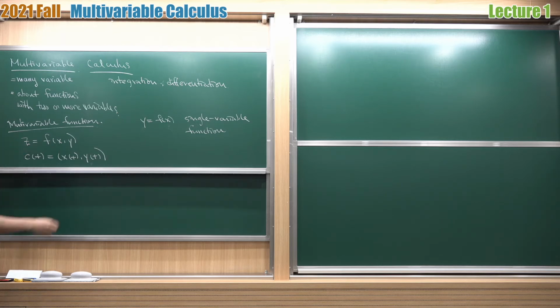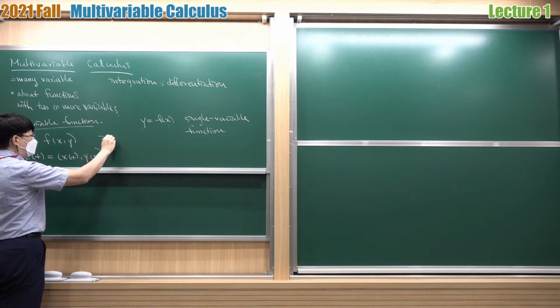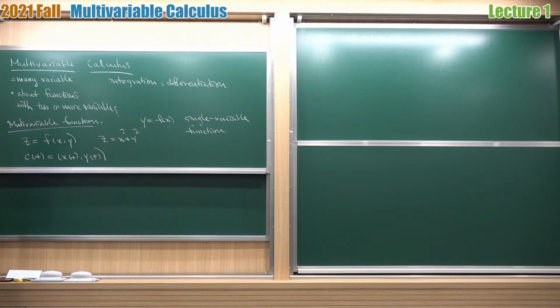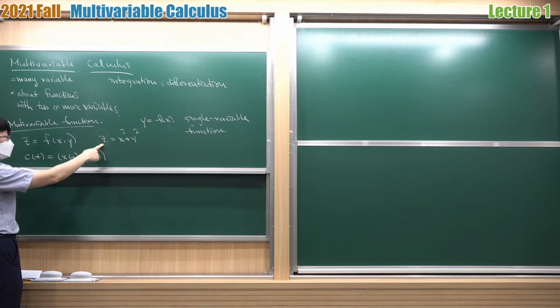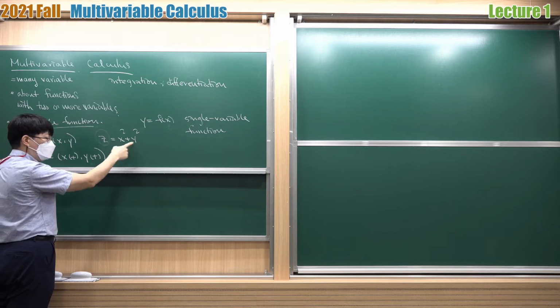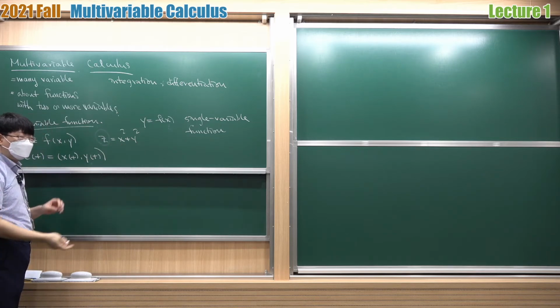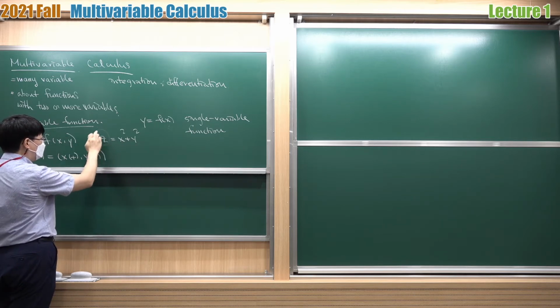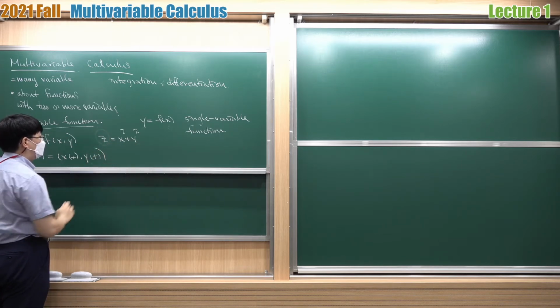So z equals x squared plus y squared is an example. To find the value z, we need to know the values of x and y, which are independent in choosing, and the formula of z is given as follows.